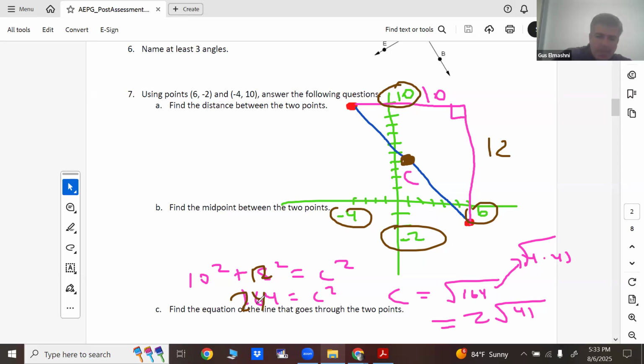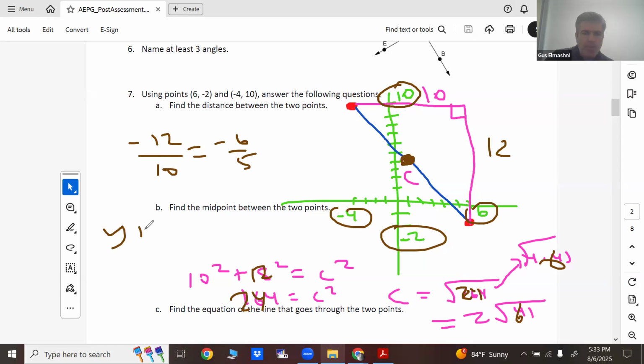Hold on a sec. Oh man. Yeah, 2 root 61 was the distance. So I got that off a little bit. But anyway, the slope is down 12, right 10. You can do point slope form.